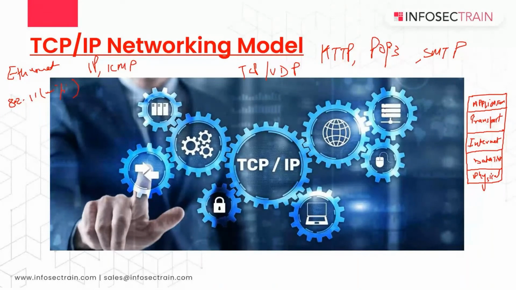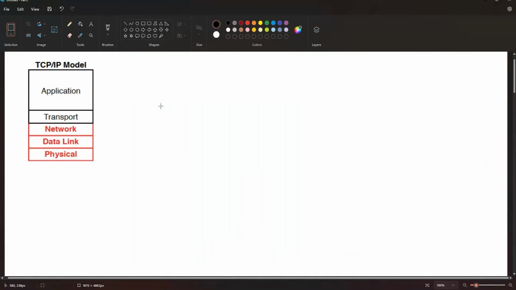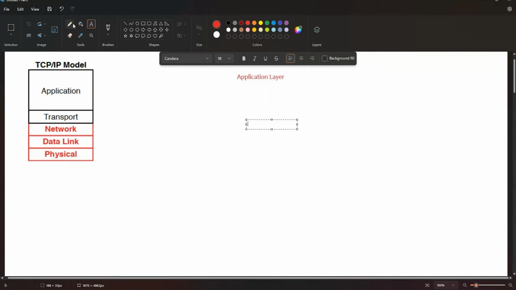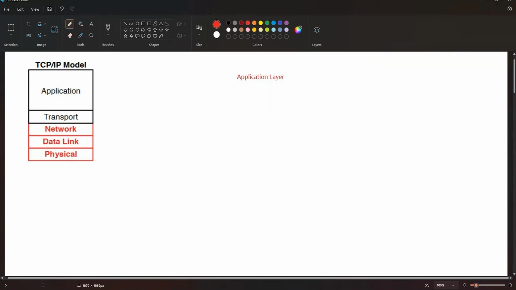So first, everything starts from the physical layer. Now the very first layer from the top, layer 5, is the application layer. It provides services to the application software running on a computer. So the application layer is not defining the application itself, but it tells the services that the application needs.